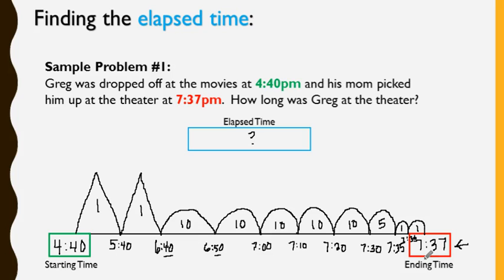Okay, so now I'm going to erase this question mark and I'm going to start counting what I've written. So I have 2 mountains, so that means 2 hours.